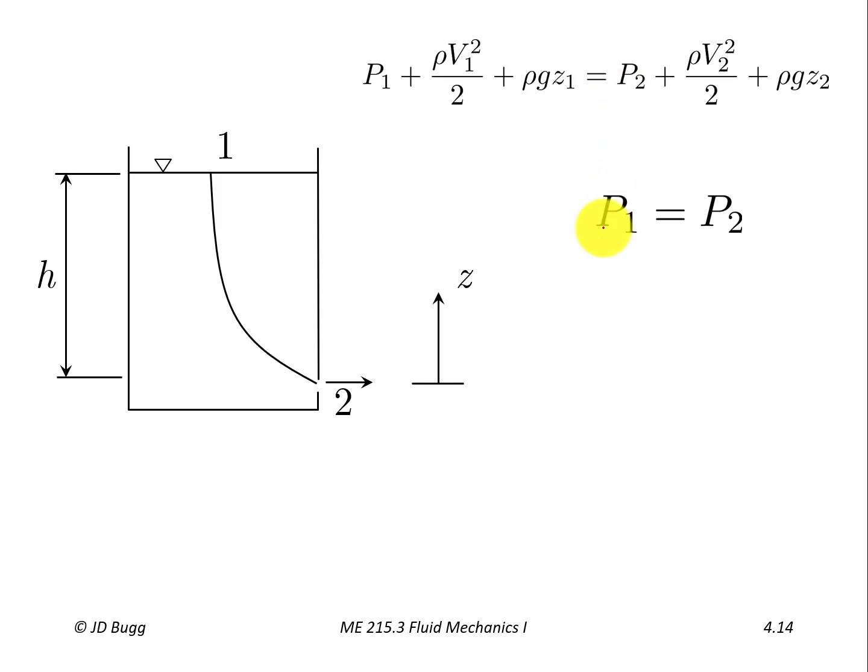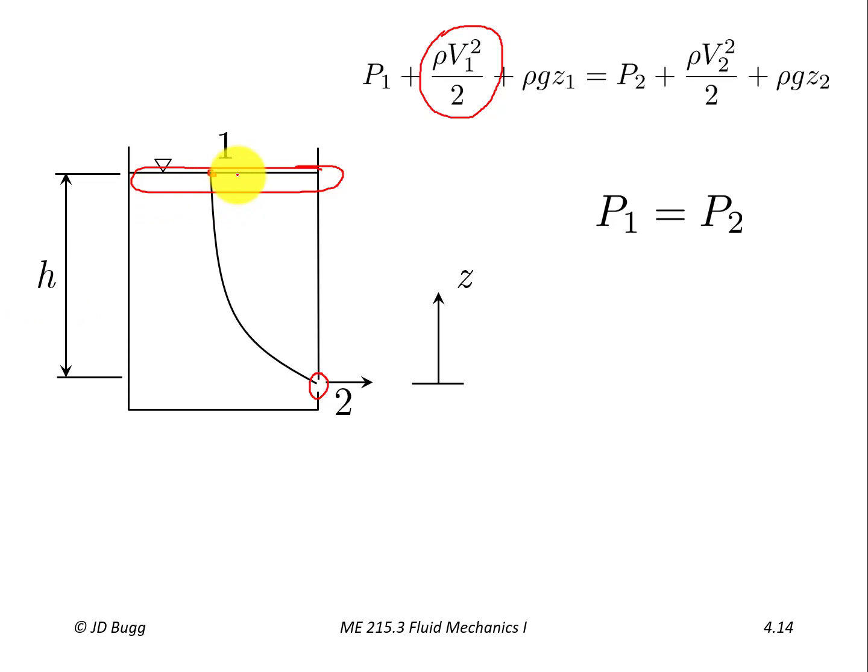It's the same. Now the next thing we see here in Bernoulli's equation is the kinetic energy of point 1. Well, realize another assumption we're making here is that this hole is very small compared to the cross-sectional area of the tank, which means that this level, this depth h, is going to be moving down very, very slowly.